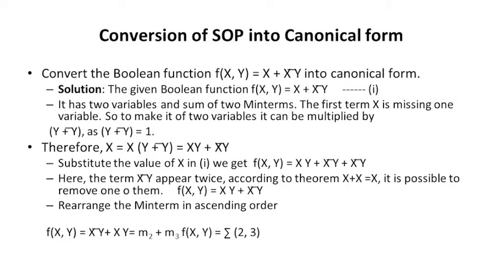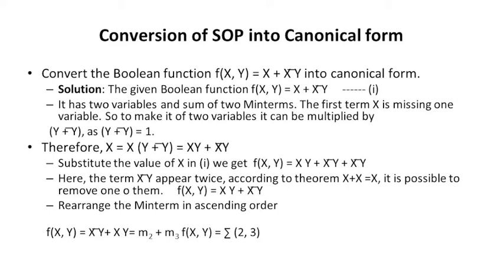The first term x is missing one variable, that is y. So the term should be multiplied with y plus y bar, because y plus y bar value is 1. Multiplying by 1, the value stays the same, the logic does not change.